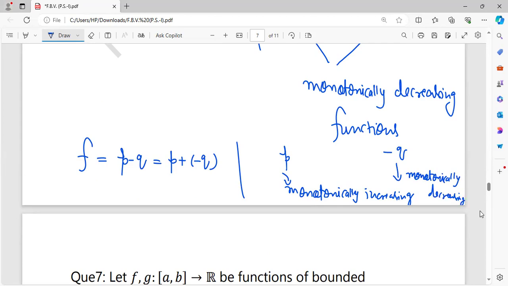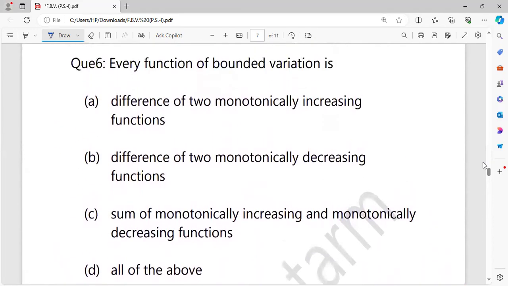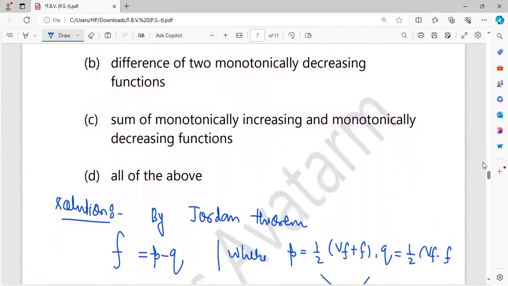So option number C is also correct because we can write f as a sum of monotonically increasing and monotonically decreasing functions. So all first three options are correct. So which option is correct? All of the above. So option number D is correct.